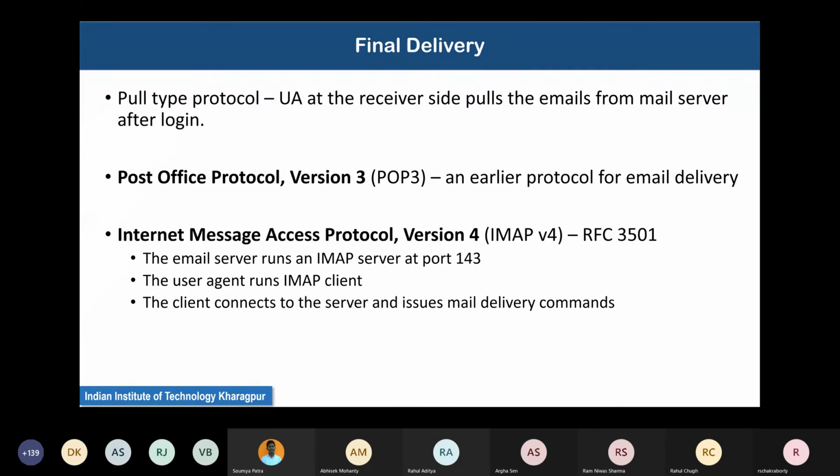The peculiar feature of POP is that when it retrieves the email from the mail server at the receiver, it physically deletes the mail from that server. So it gets the email onto your computer, no doubt, but it will immediately delete that mail from that server. I think this behavior can be stopped with some settings, but the default behavior is that it will delete.